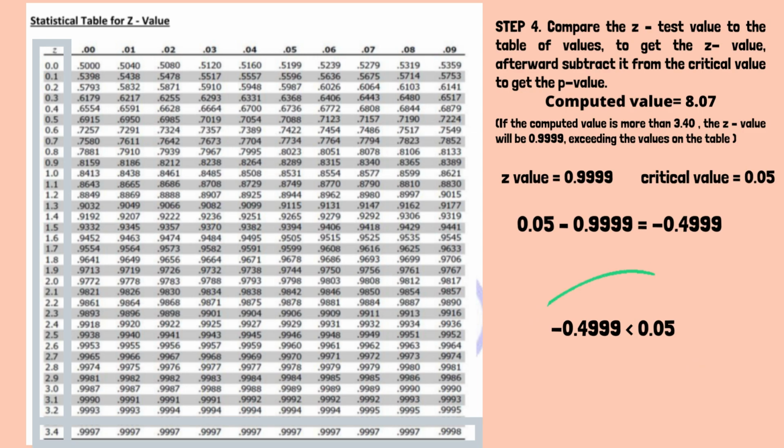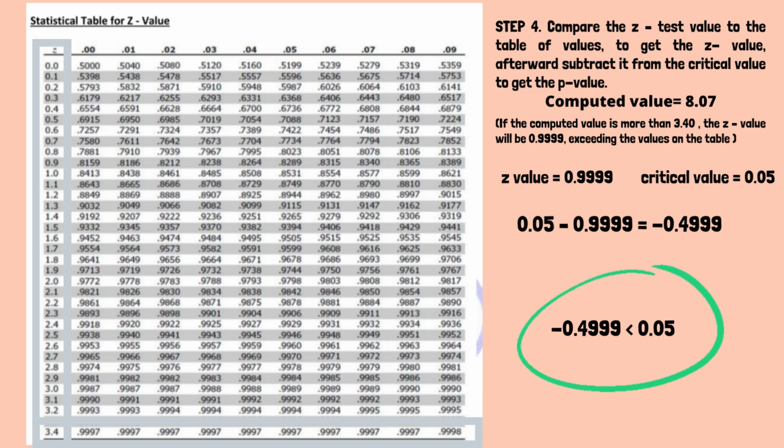So, negative 0.4999 is less than 0.05. So, i-compare natin yung ating p-value dun sa ating critical value. Yung p-value natin is yung negative 0.4999 and our critical value is 0.05. So, as we can see, mas lesser yung ating p-value sa ating critical value.